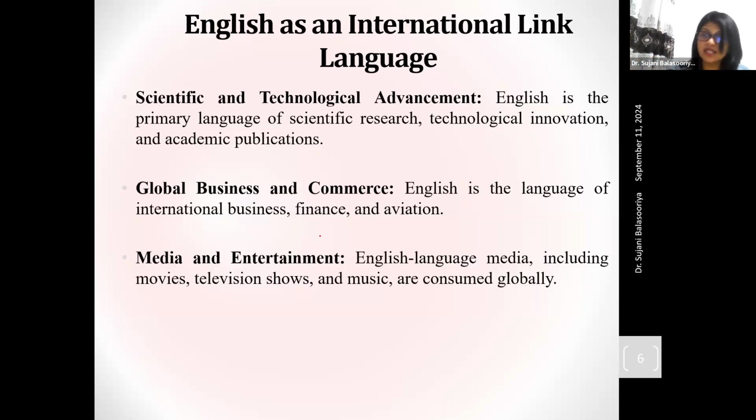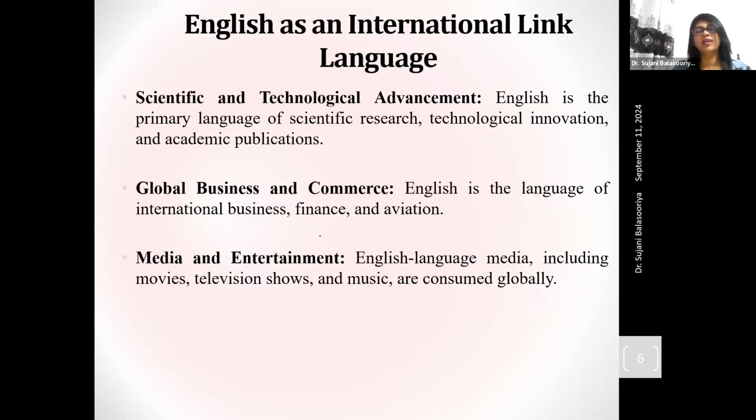Okay, and media and entertainment, another reason for the status of English, right? English language media, including movies, television shows, and music, are consumed globally. You know about that, right? So, due to the spread of entertainment programs and any other activities, and also the use of media, when these things are getting increased, as a result, the attention given to the English language use is also increasing.